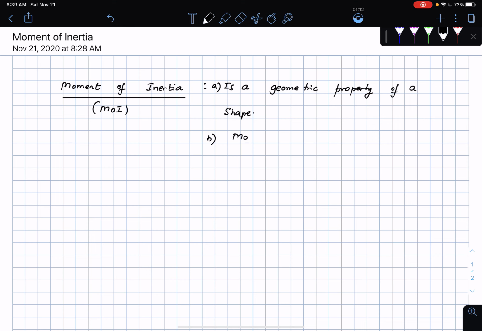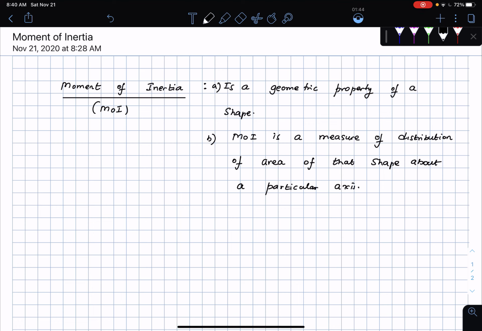So MOI is a measure of the distribution of area of that shape about a particular axis. So this is the basic definition.